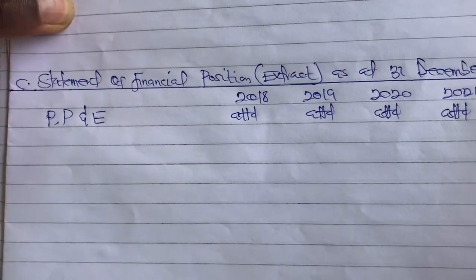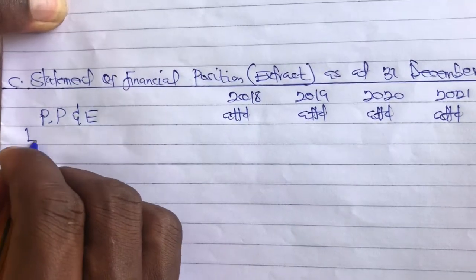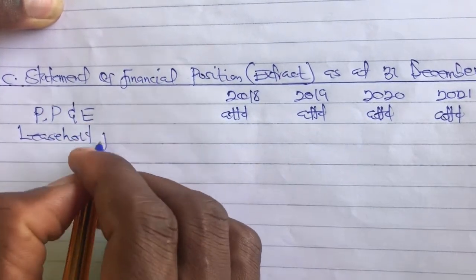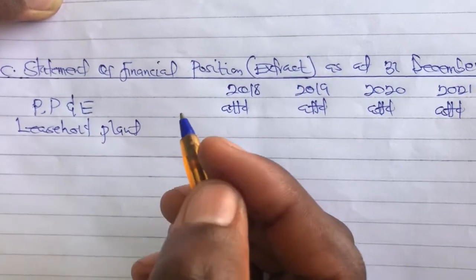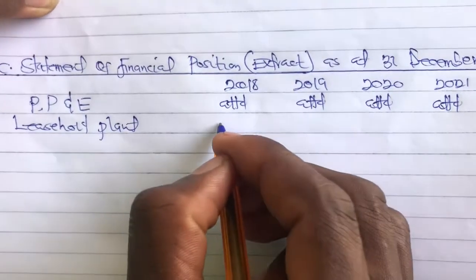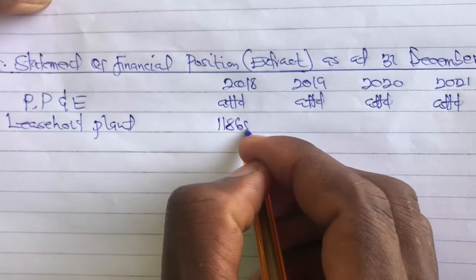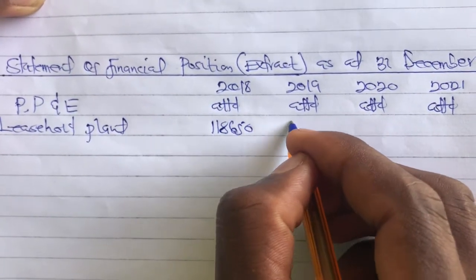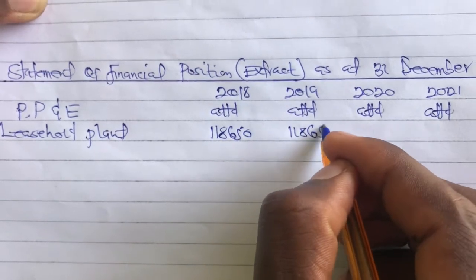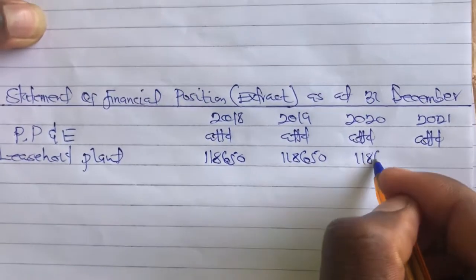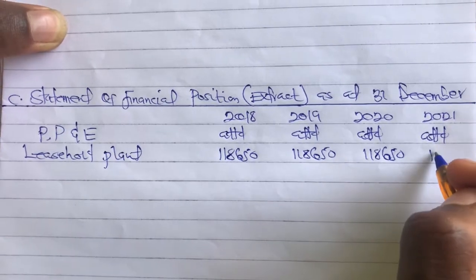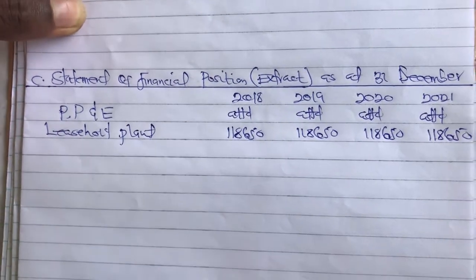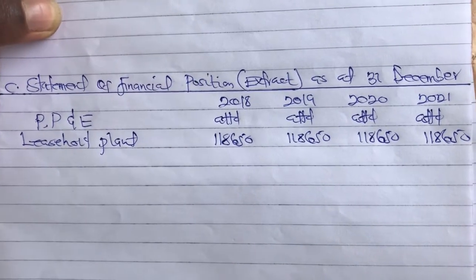So under the PPE, we have leasehold plant, and the cost from the question is 118,650. The cost will be constant throughout the years: 118,650, 118,650, 118,650. We are going to consider its accumulated depreciation as well.